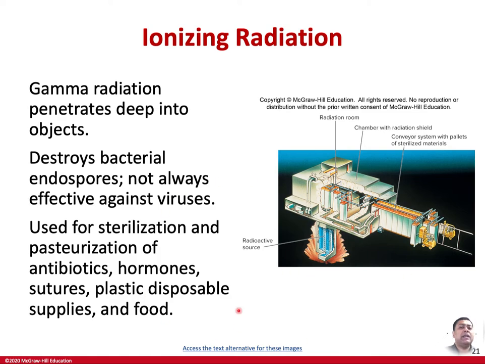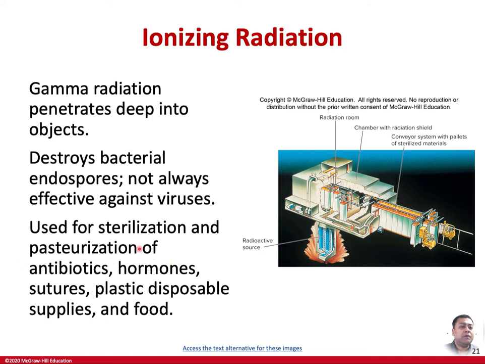The next one is ionizing radiation. Here you are looking at an ionizing radiation room, where materials go on a conveyor belt into the sterilization chamber. Usually the radioactive source is underneath, through which the radiation comes out to sterilize. This is also known as cold sterilization.